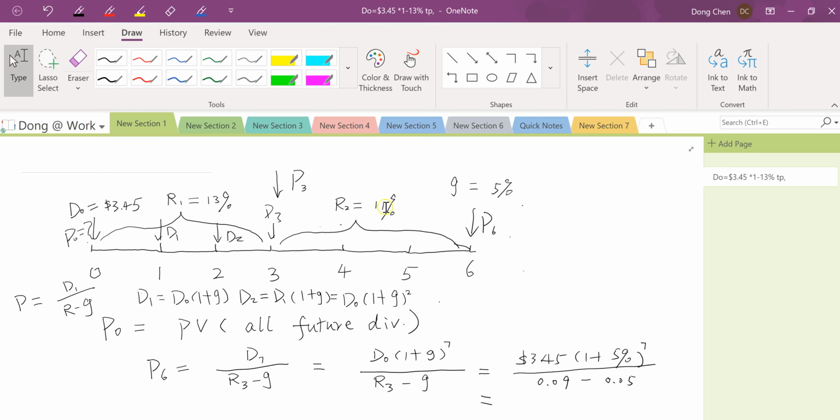I can discount these 4 cash flows back to get the present value of all future cash flows, which is P3. Because we haven't learned this growing annuity, I think it makes sense simply to write this down as a formula.